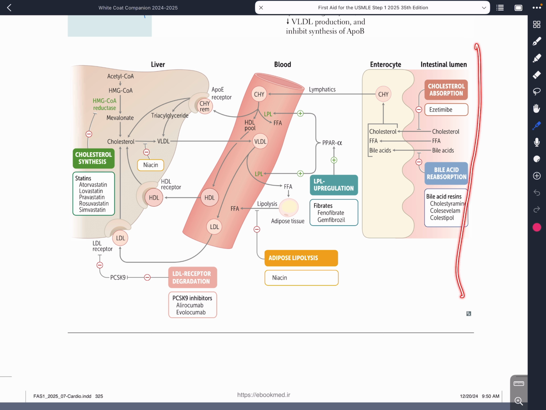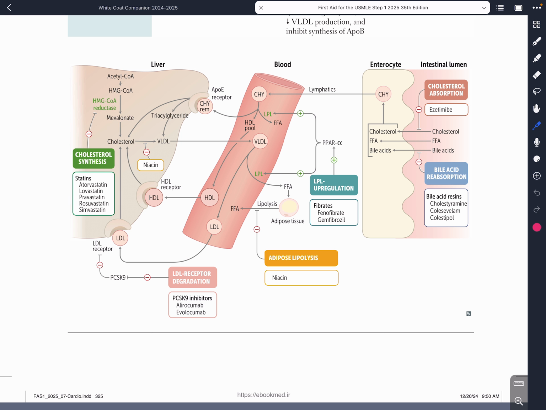We already discussed this. Basically, cholesterol synthesis inhibitors inhibit HMG-CoA reductase, which doesn't allow HMG-CoA to convert to mevalonate, and mevalonate is the product that finally converts to cholesterol. We do not want cholesterol, so we inhibit formation of mevalonate by inhibiting HMG-CoA reductase.